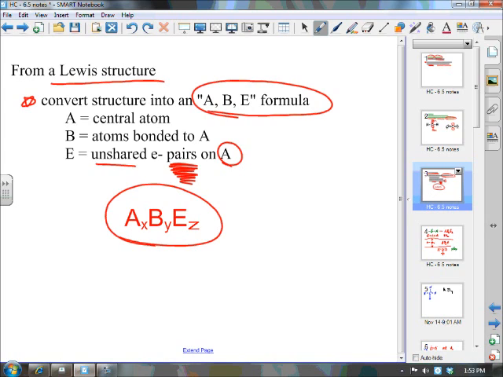Once we have an ABE formula, there are a set of standard shapes that we are going to learn. They're not all of the shapes, but they're a set that we will learn.